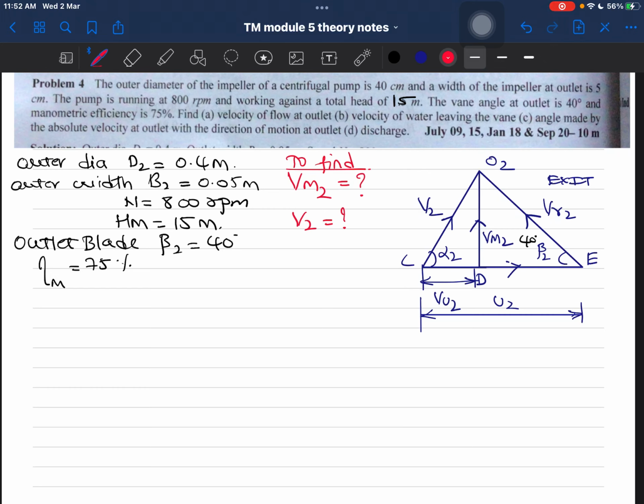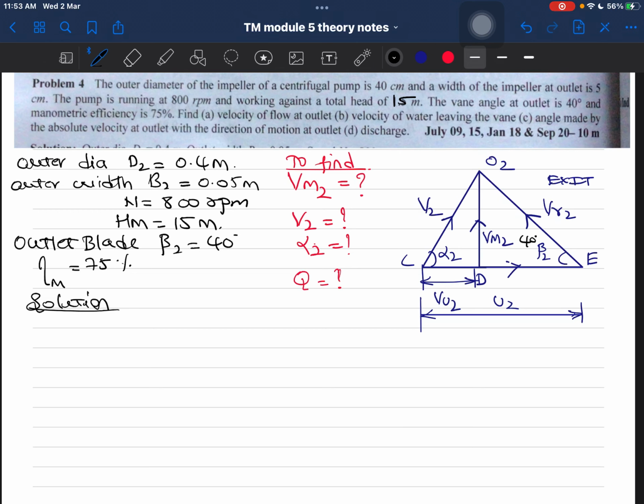Where is the absolute velocity? So here is the absolute velocity. The angle made by the absolute velocity is alpha 2. That is being asked. Next, discharge. Of course, Q is being questioned. So all these things you have to calculate. So let us start the solution.